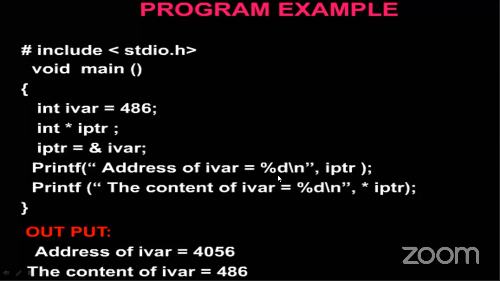If I simply display the IPTR value, it displays the address of my I variable. And in the next line, if I want to display the content of I, it is star IPTR, which is nothing but the content available in it, 486. It is a reference to that particular location, so it displays 486. Like that, you may use pointer variables.